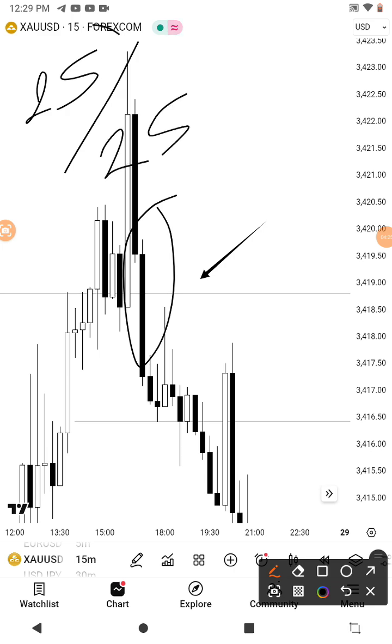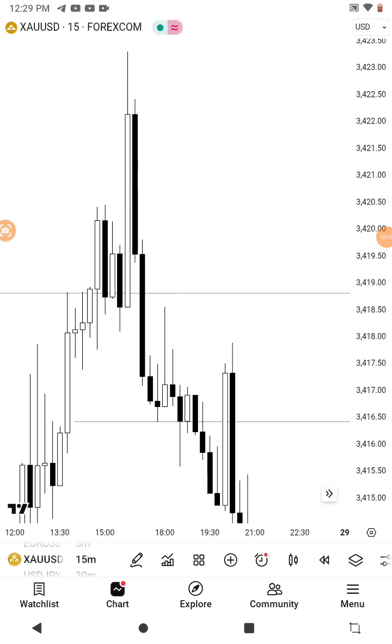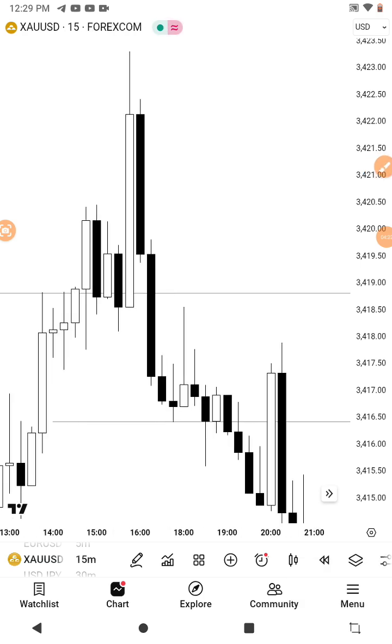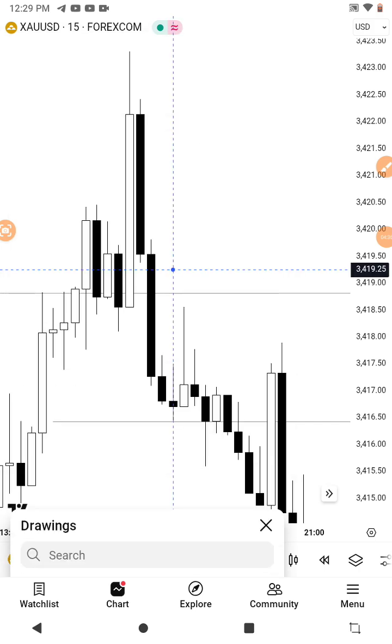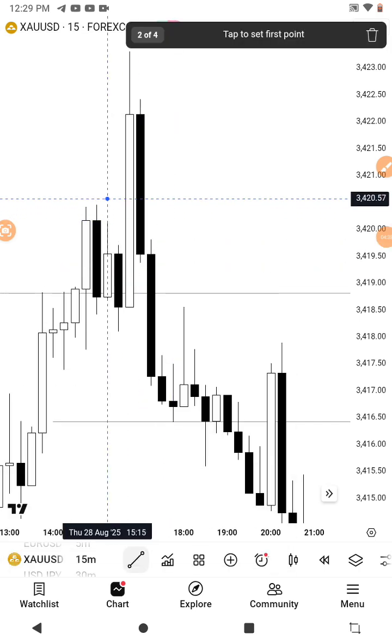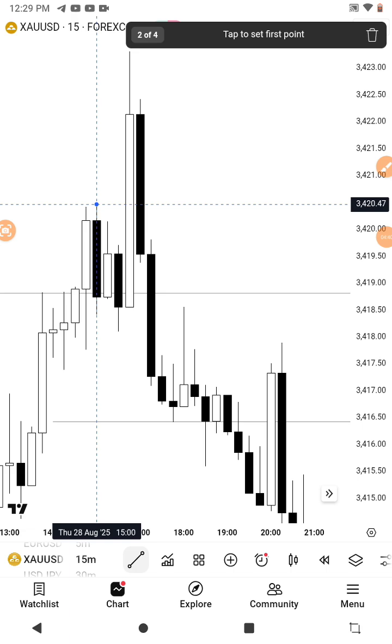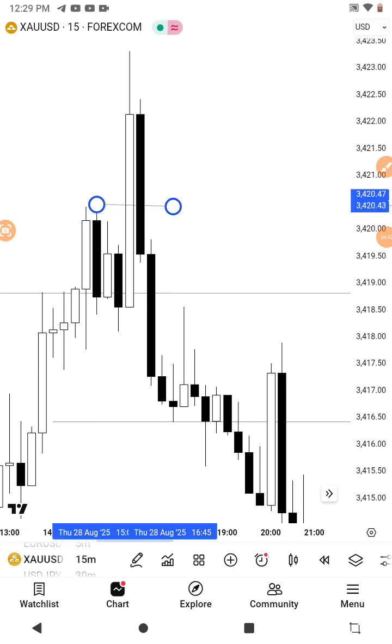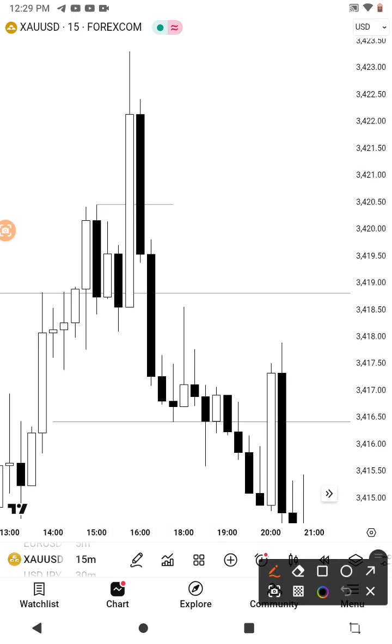You risk less, right? So now, where is our model one? We got a market structure shift from here, right? Look at it. Market pushes this high and shifts structure, which is here, this one here.